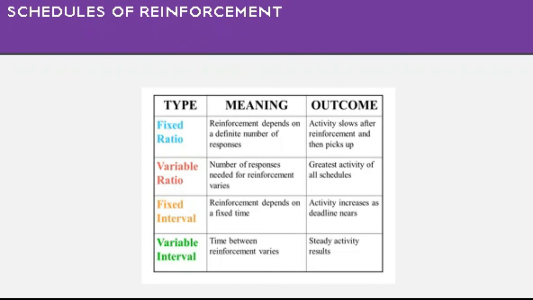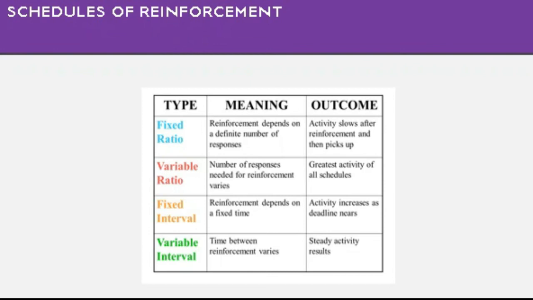Okay? Next will be variable ratio. So variable ratio, number of responses needed for reinforcement varies. And for the outcome, greatest activity of all schedules, mas mataas daw ang chances for this variable ratio. Okay?